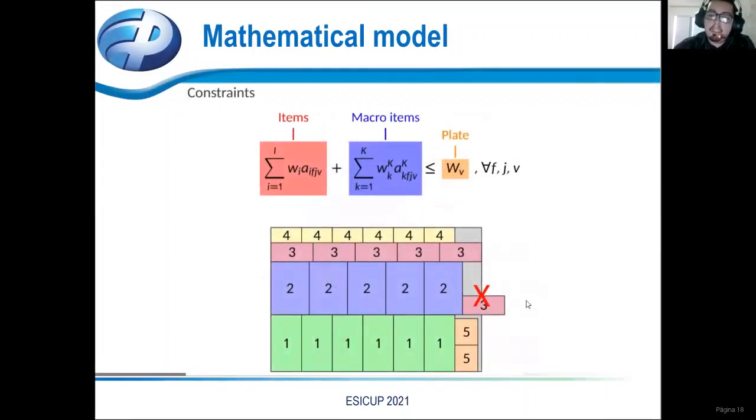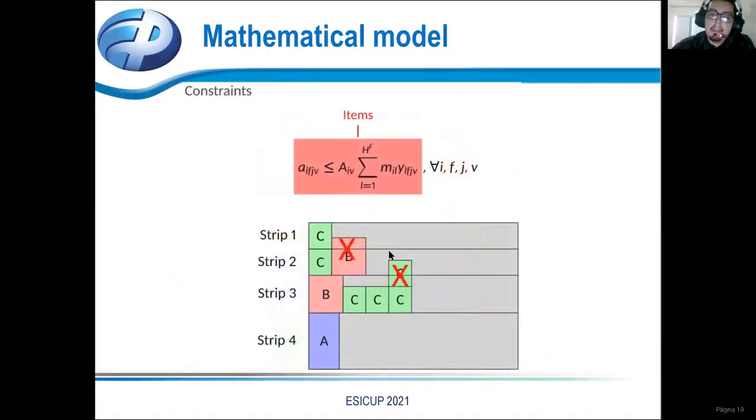We have the constraint of width, the plate width, the constraint of the strip height. Okay, so after a strip is initialized, we cannot allocate an item with height greater than the height of the item that initialized the strip.